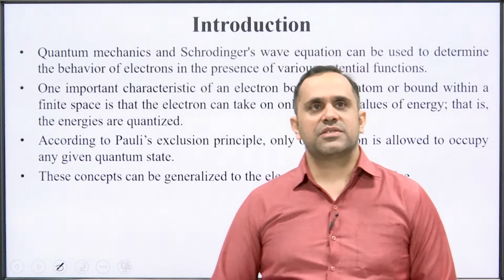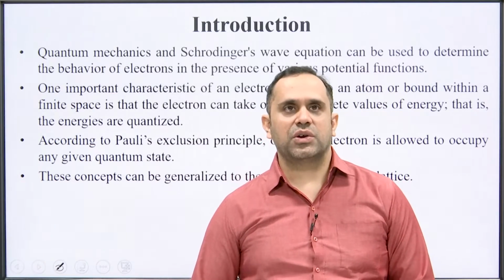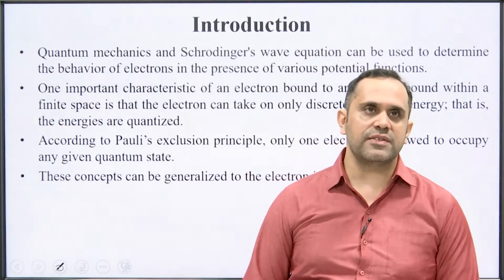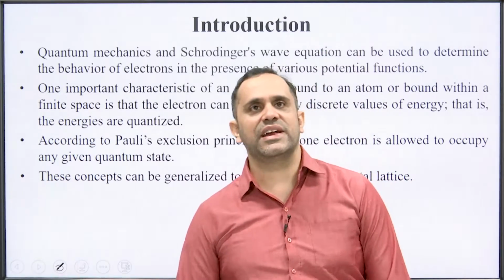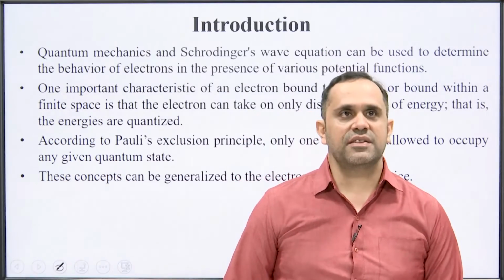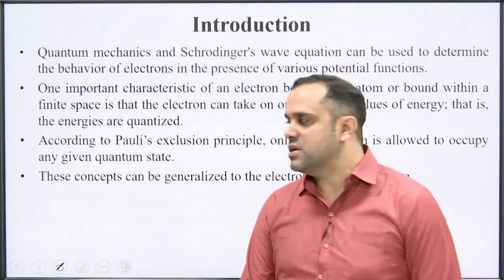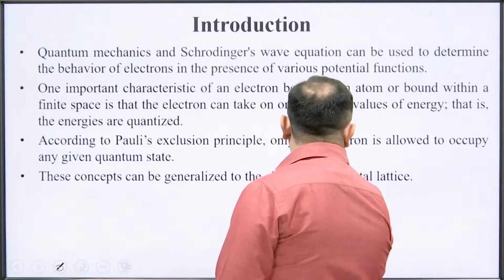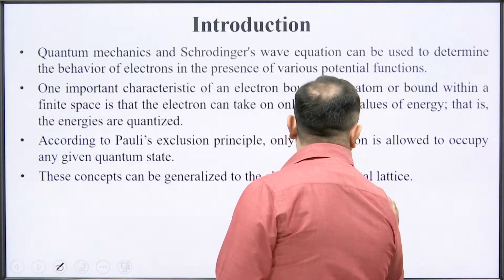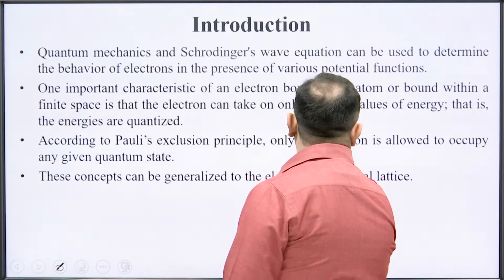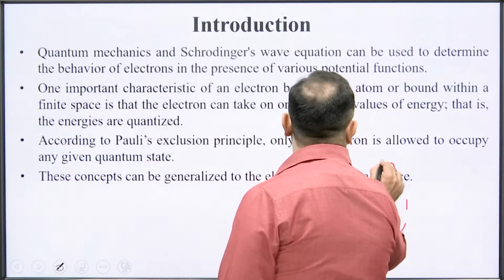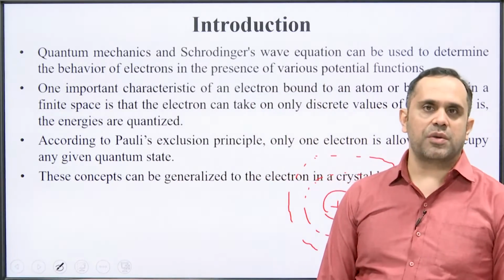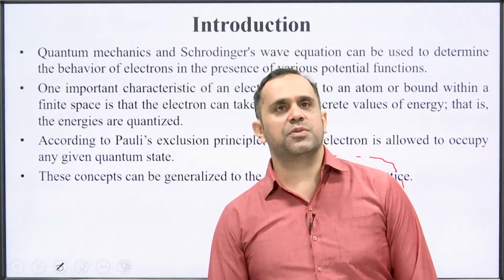One important characteristic of any electron which is bound to an atom or bound within a finite space is that it can take only discrete values of energy, that is, energies are quantized. If you have a positive nucleus, the electrons can revolve around it in circular orbits, and in each orbit the electron is considered stationary.